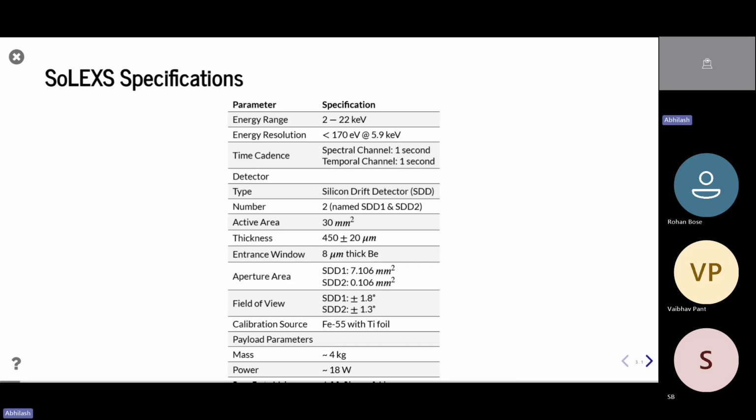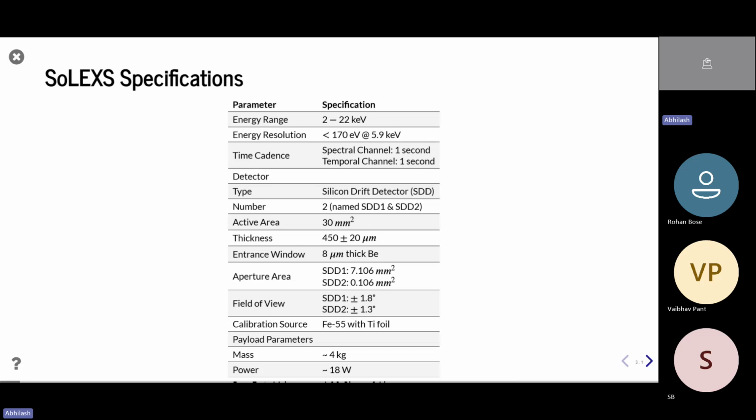From here, how do you get to the energy of the photon? In between there is something called digital pulse processing, and from here you get a triangular shape. The width of that triangle is the shaping time. So how fast do you want to shape this pulse into a triangular shape?